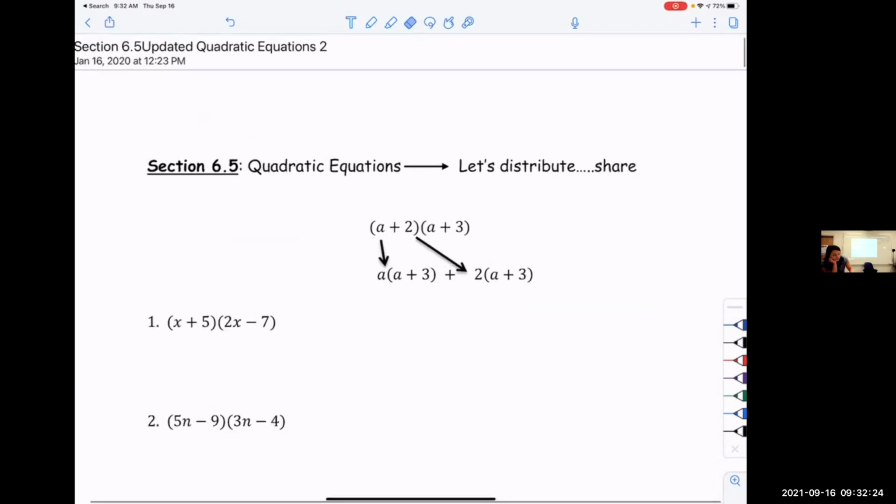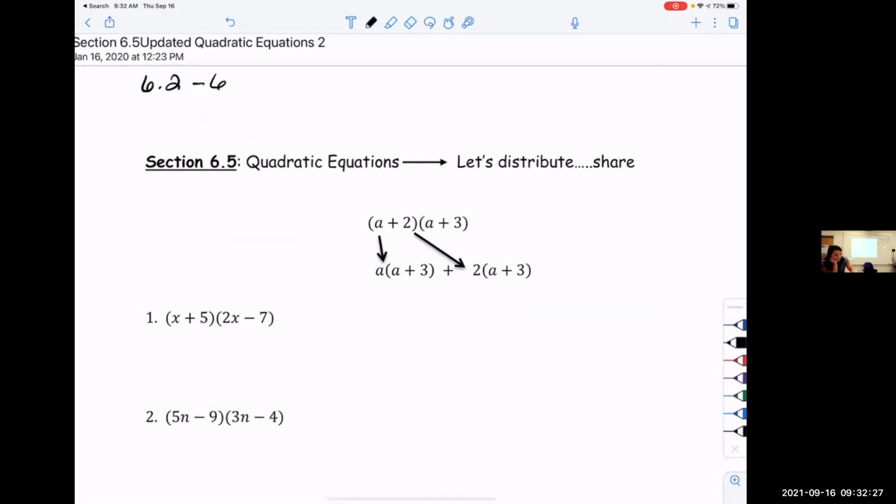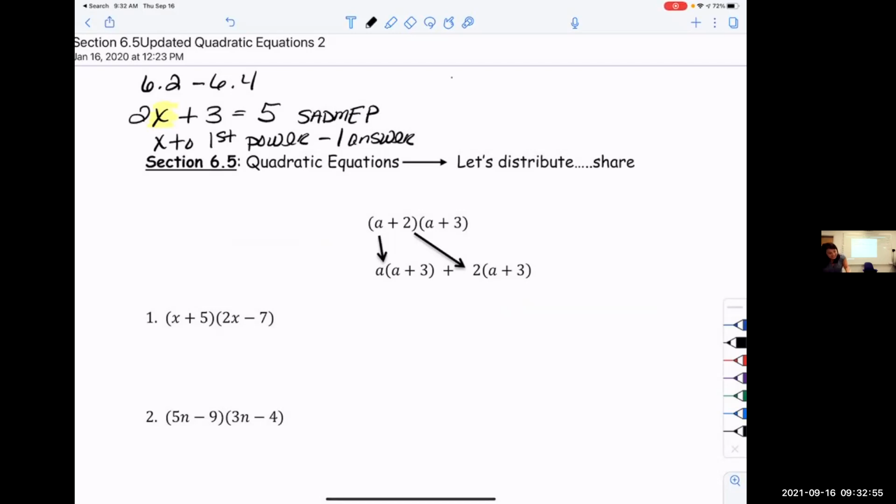All right, so let's just say 6.2 through 6.4, equations and inequalities. You had stuff that was just x to the first power, and at most you had one answer. And we used SADMAP to solve it. So today in 6-5 and next week in 6-5, you're going to have stuff that looks more like this.